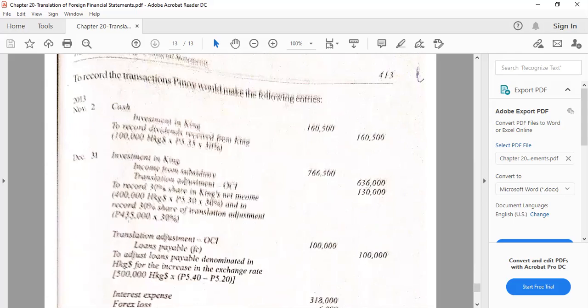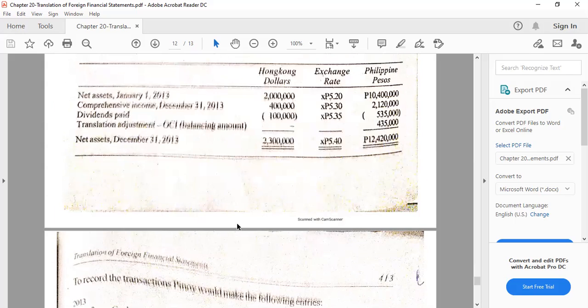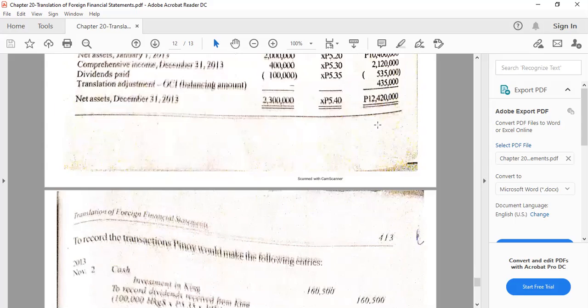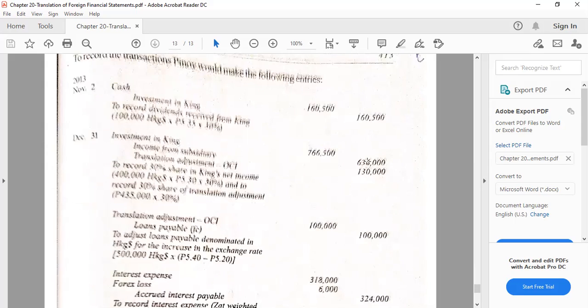Then another one is for the share in the comprehensive income items. So we have an addition because the income from subsidiary is of course profit, right? That's profit from here. 400,000 times 5.30 equals this amount times 30%, that's 636,000.